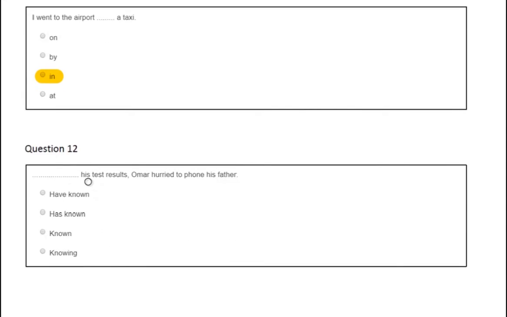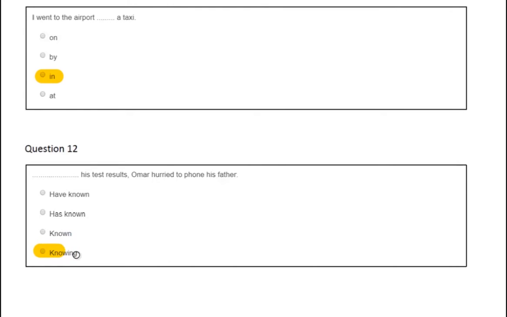Space here has test results. Omar hurried to phone his father. Have known, has known, known or knowing? The correct option is knowing.